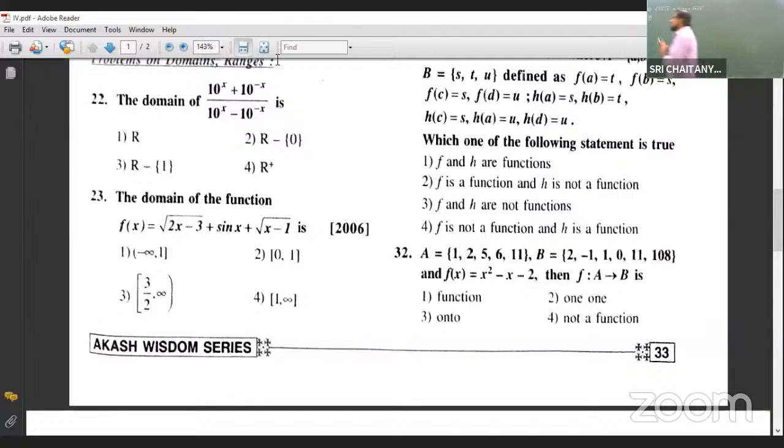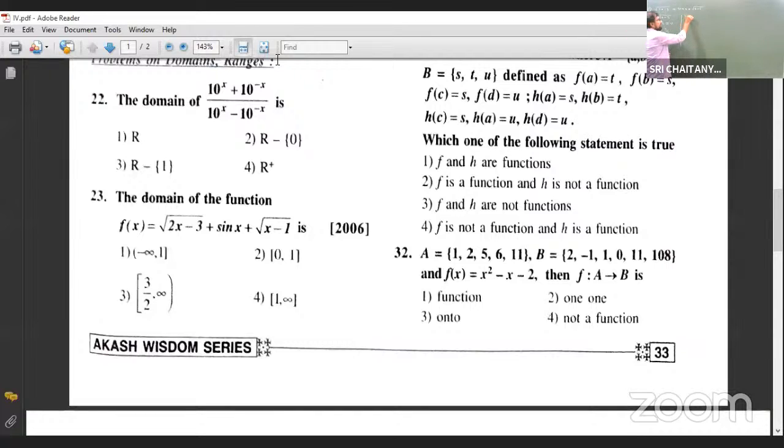For root of 2x minus 3, the domain is 2x minus 3 is greater than or equal to 0. This is in the form of root f of x, so f of x is greater than or equal to 0. X is greater than or equal to 3 by 2, which means the domain of this function becomes 3 by 2 comma infinity, in closed interval.